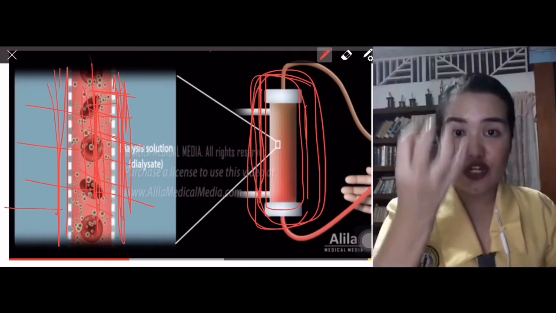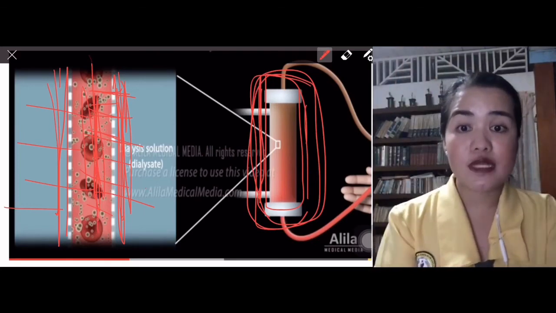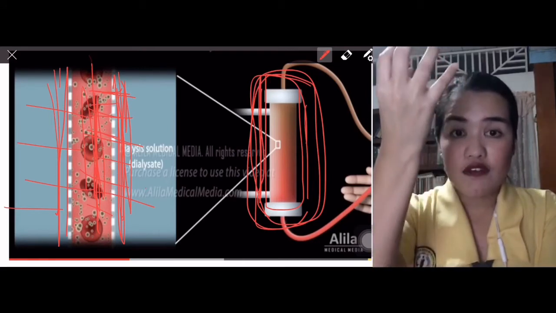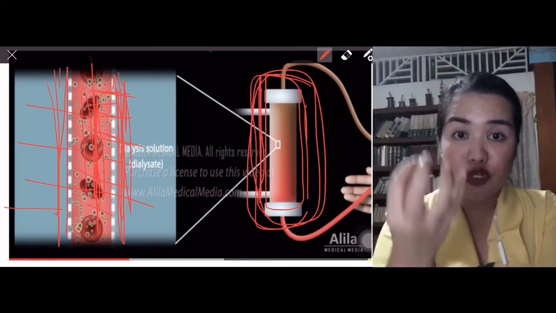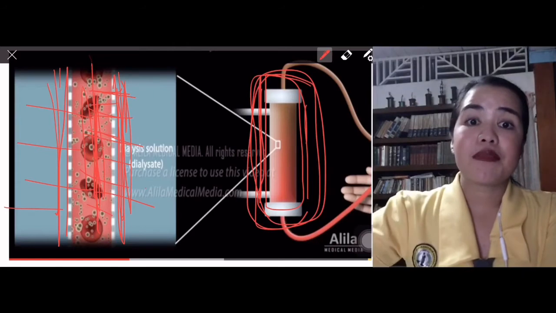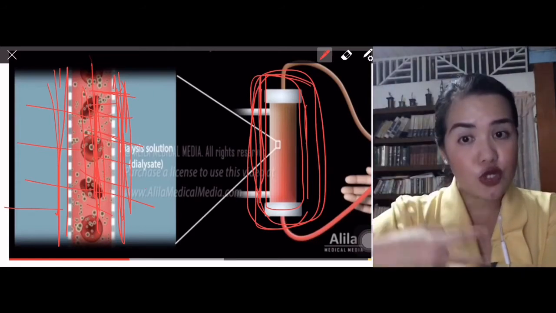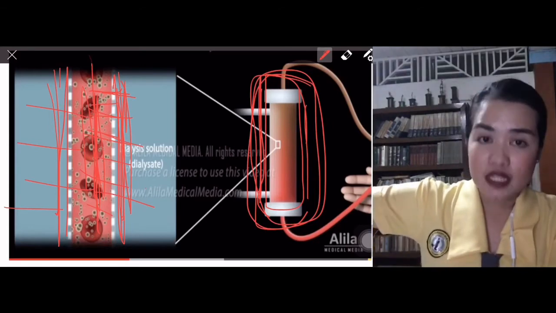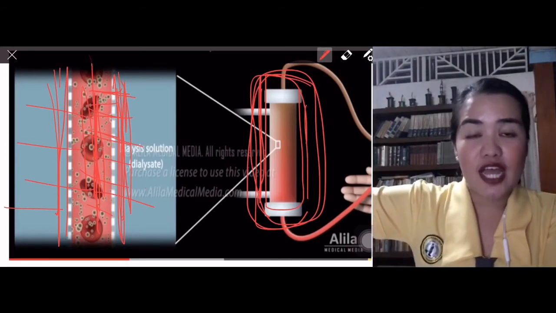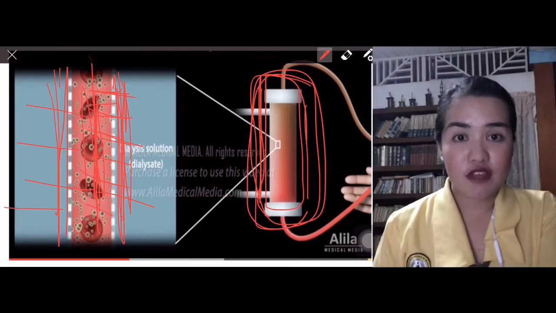It will be filtered out using the hollow fibers of the dialyzer, and then it will be purified back to the second collection tube, down to the second needle, then to the vein of the patient, then back to the circulation of the patient.